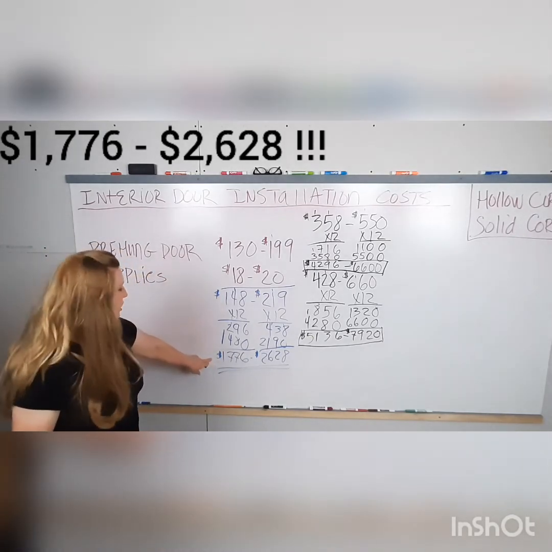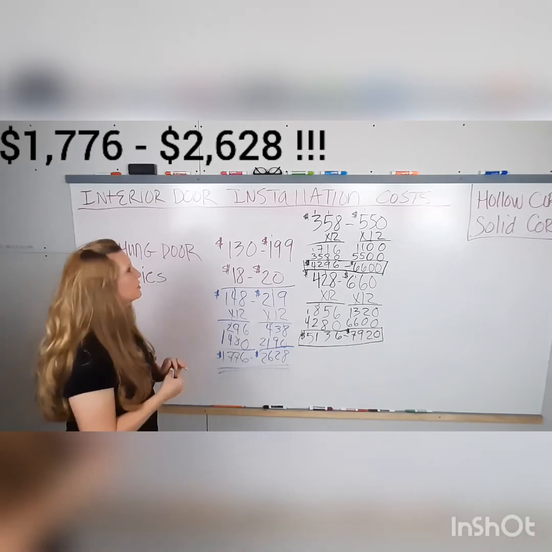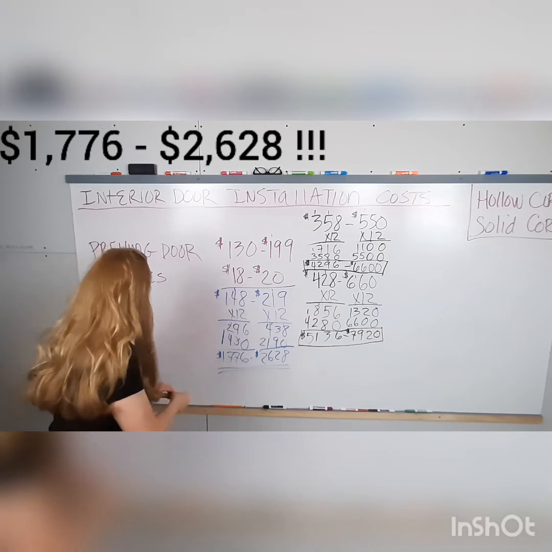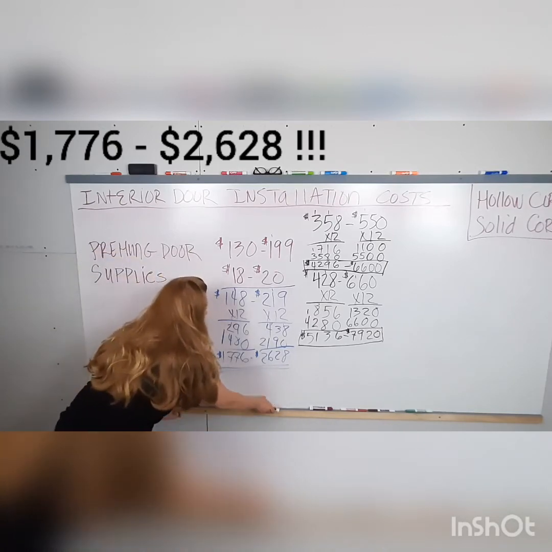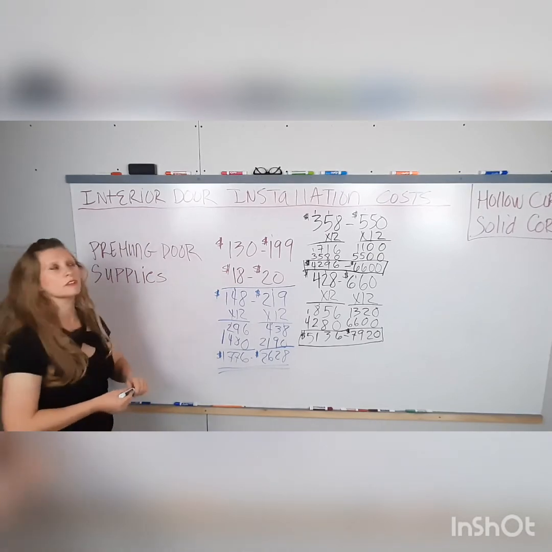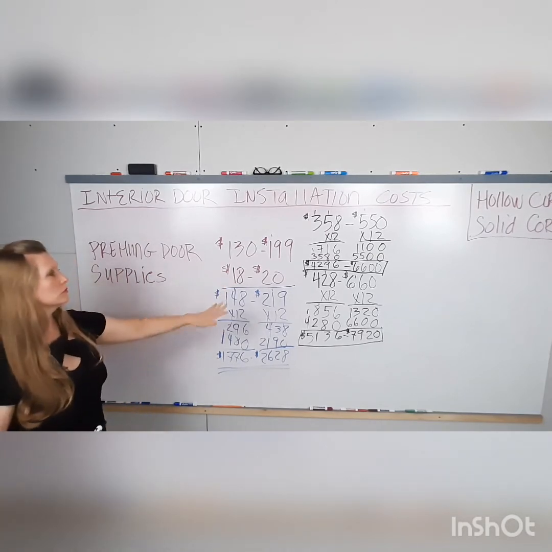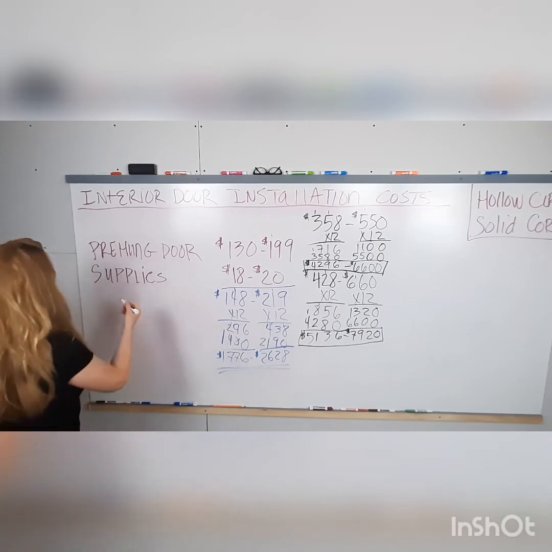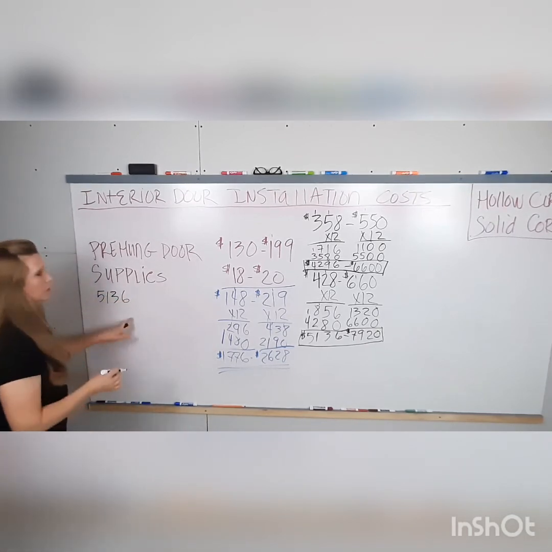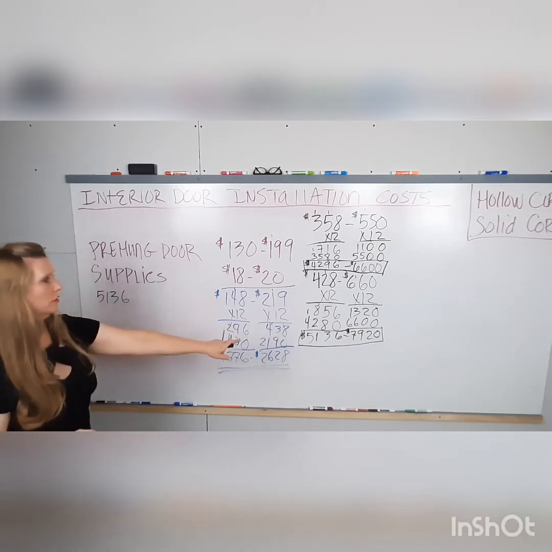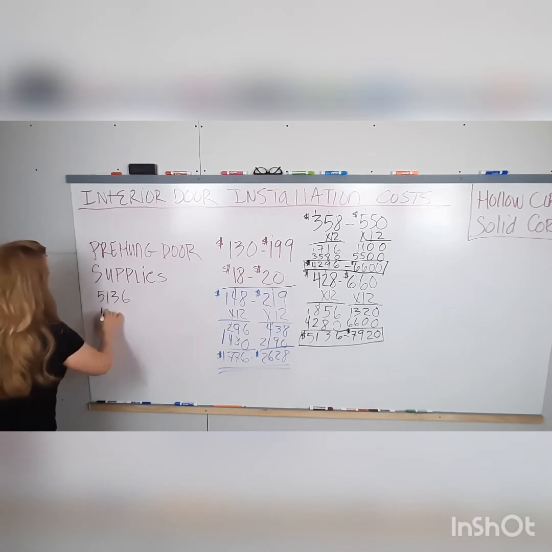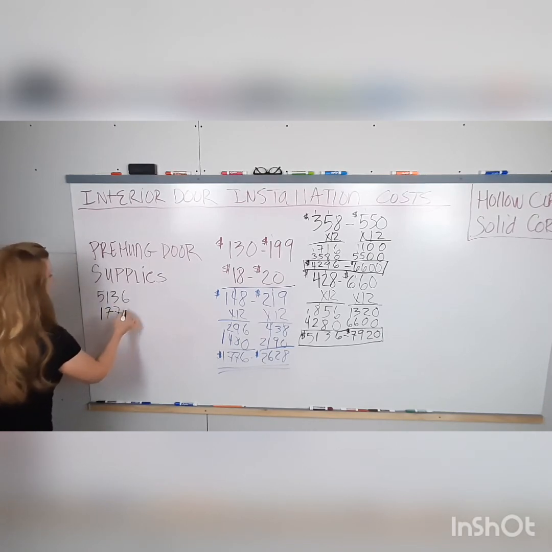I mean, you know what? Let's do this, because it's really hard to look at it this way. It's going to be easier if we take a look at it this way. Let's go with our $5,136. I just want to see what we're going to save here. $5,136 for the low end, and then let's subtract that $1,776.